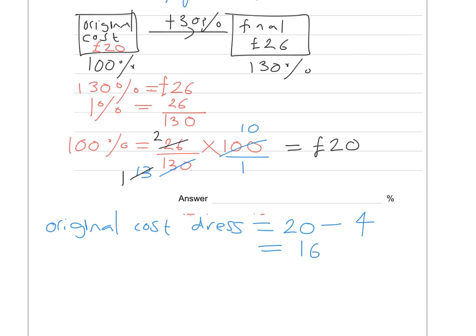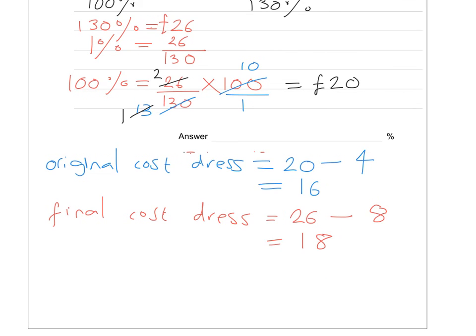And we can work out that the final cost of the dress was £26, take away £8, which is £18. This means that the profit on the dress was £2.